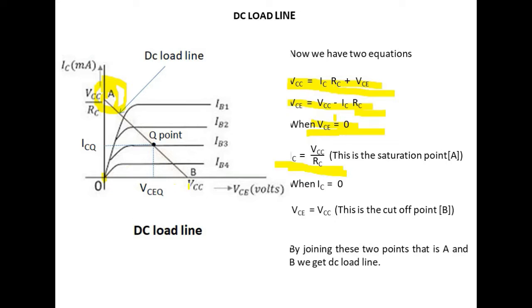But when IC is equal to 0, we get VCE equal to VCC. This is the cutoff point B. So A is the saturation point, where we get the maximum collector current, and at B, VCE is equal to VCC. This is the cutoff point.